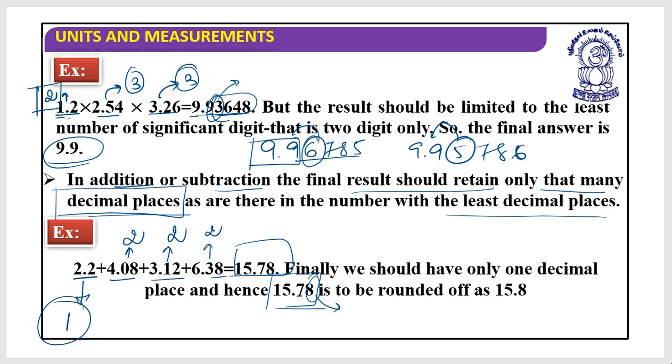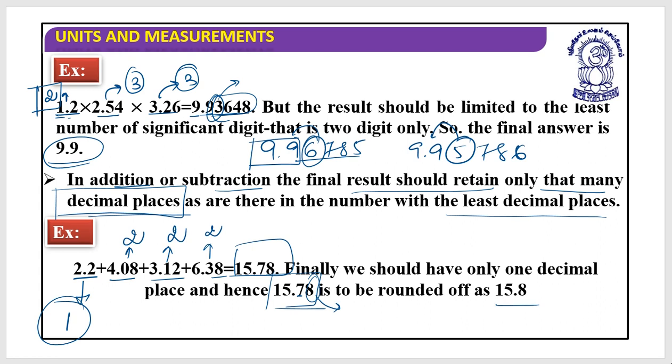Yes, you are thinking it right. You need to drop it, that means you need to round it off. As 8 is greater than 5, you need to add 1 to the preceding digit. So the answer should be 15.8.